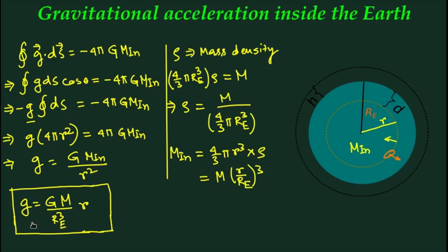In other words, inside the earth, g will increase linearly with r. And on the surface, that means r equal to capital RE, g will be, let's say, g naught equal to G M by RE square.